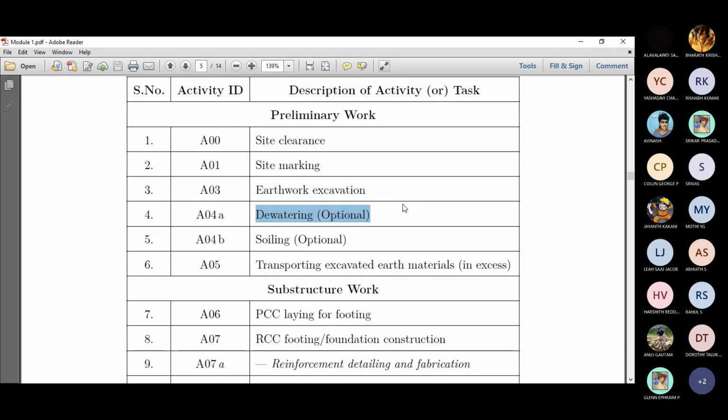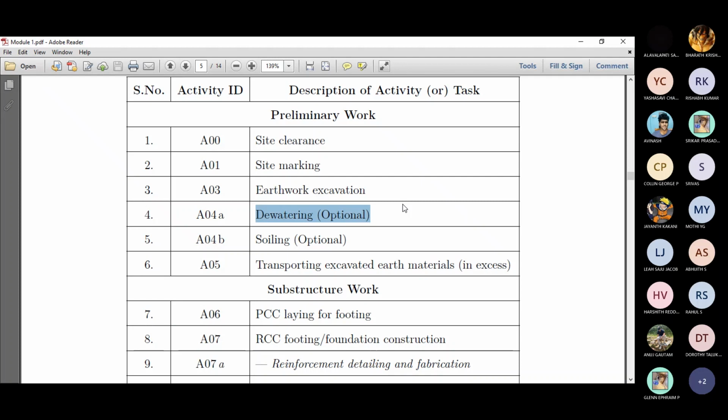The reason is that once you remove, say for example, L times B times D volume of earth, it gets excavated. Once you pour concrete, say an RCC footing, some volume of that gets already filled by concrete, so you don't have to necessarily take 100% earth and fill it there, but instead you can take 70% or 60% of the excavated earth and refill it on that particular surface, and that's how it is generally done.